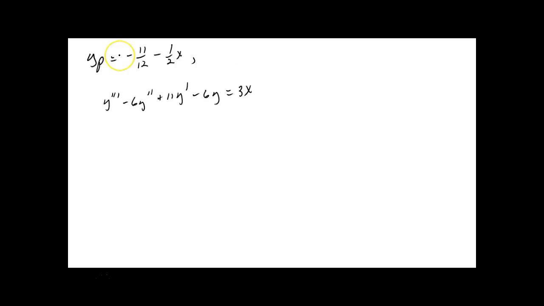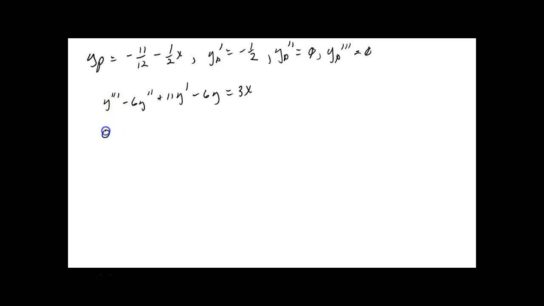To show this is a particular solution for that, take a derivative, always a good choice. yp prime is negative 1/2. yp double prime is 0. yp triple prime is 0. Let's see if what they say is true.